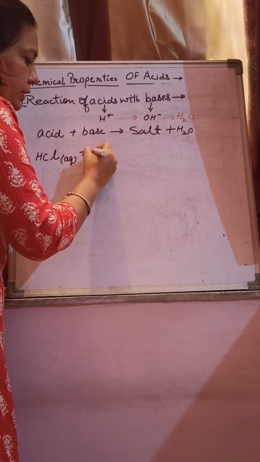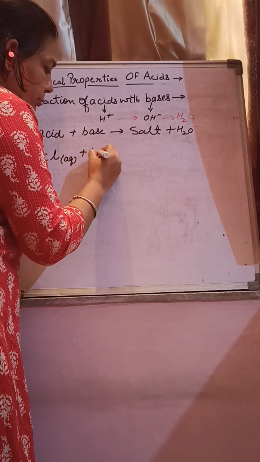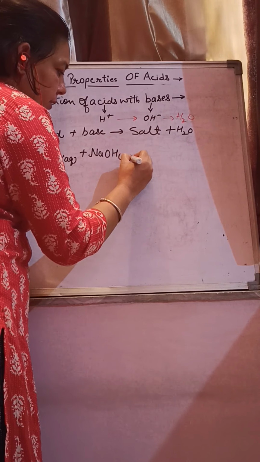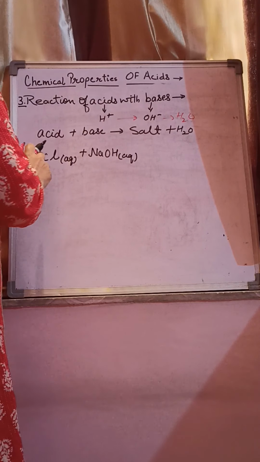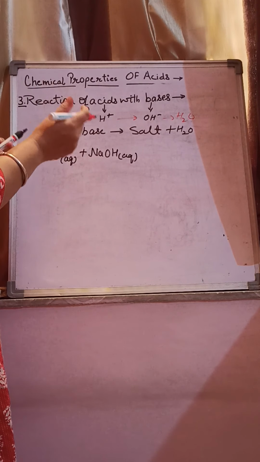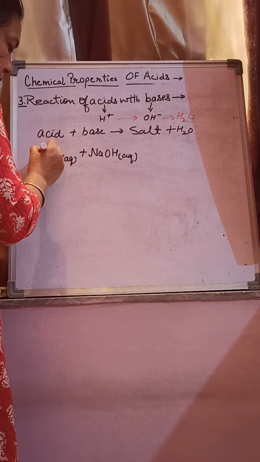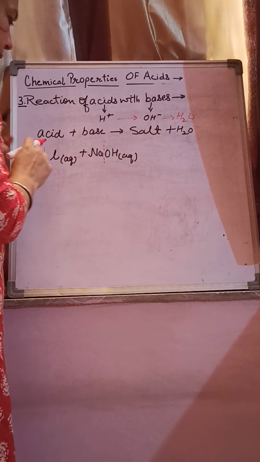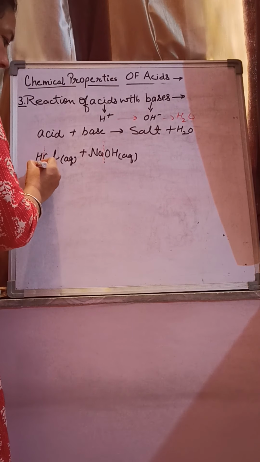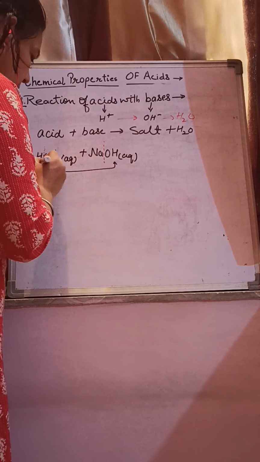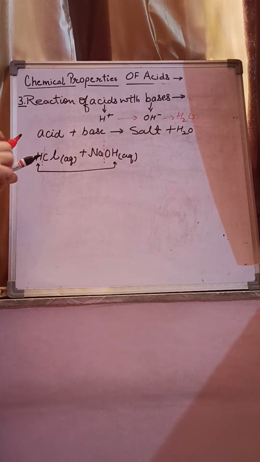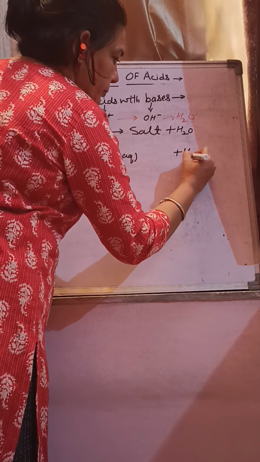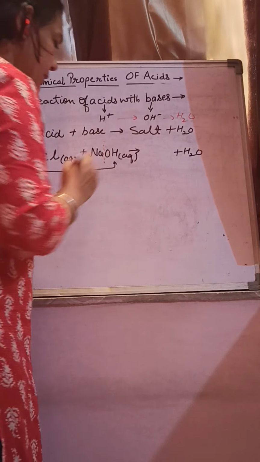When it reacts with any base, you can take sodium hydroxide, NaOH. Again the simple trick, we will divide acid into two parts and base into two parts. H plus ions react with hydroxyl ions and there is a formation of water. Okay, so one product is fixed.